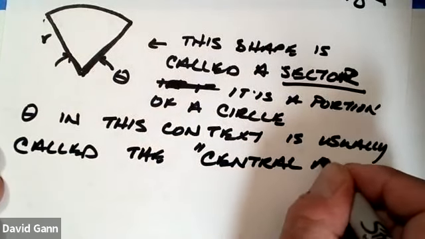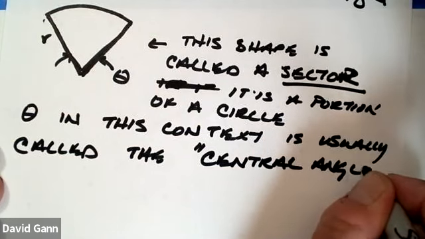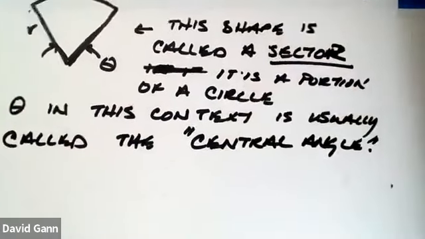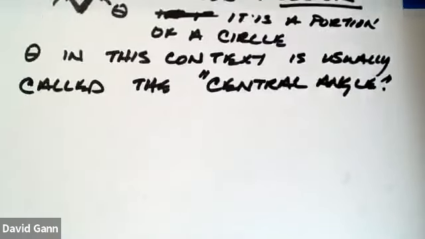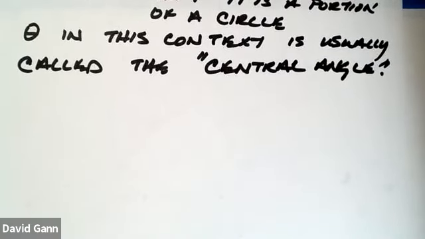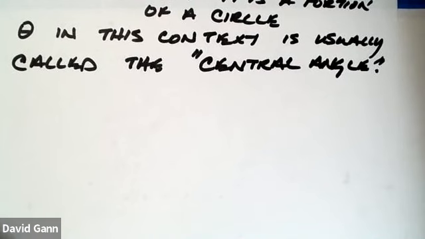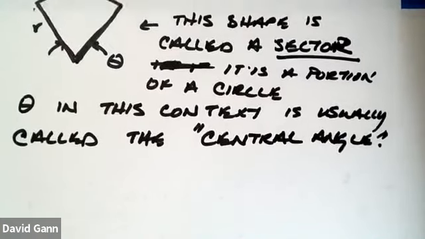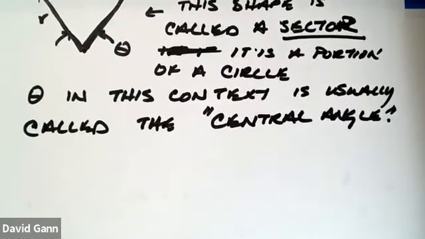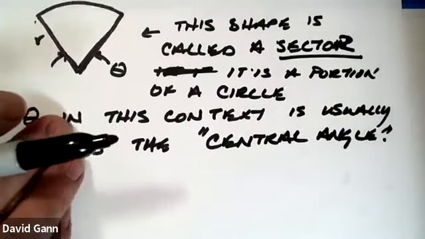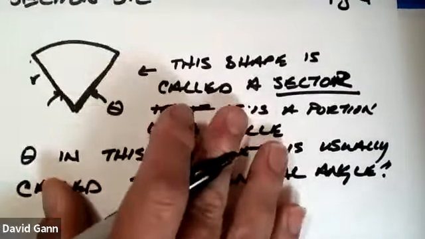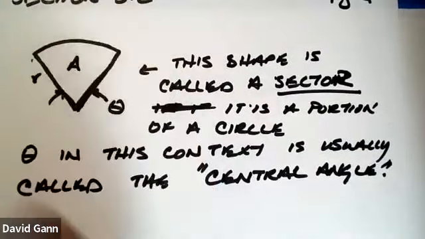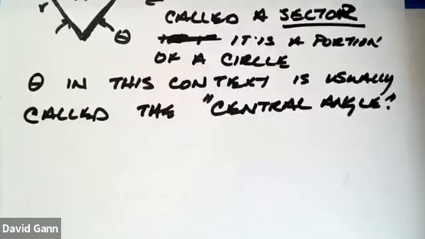We use sectors especially in highway design, civil engineering sort of things. There are some other applications, but usually when you're talking about a sector, you care about the relationship between the radius, the angle, and the area. So maybe I'll put up here a big capital A for the area of this sector.